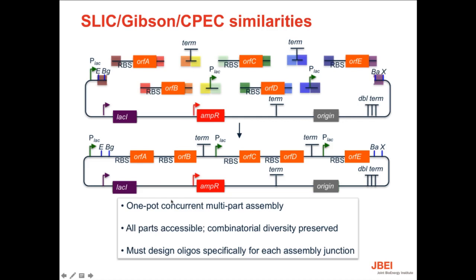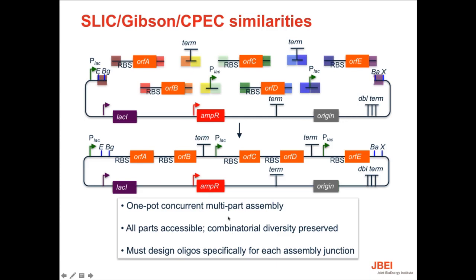And the way this works, you basically just follow the rainbow in this particular example. Like colors go with like, and you just follow the colors all the way through, and then it will assemble into the final construct. Other things to highlight: it's just as easy to change something in the middle of a pathway as it is at the end, which differentiates it from BioBricks.